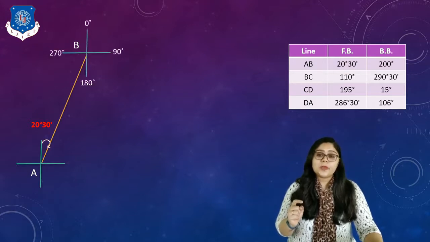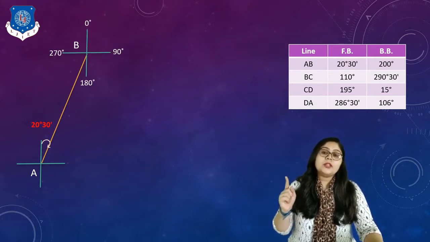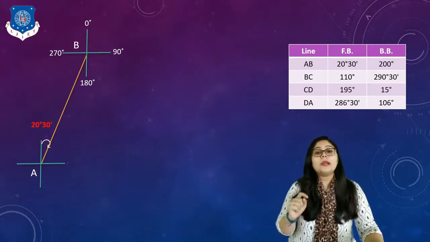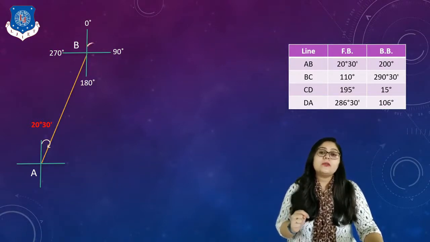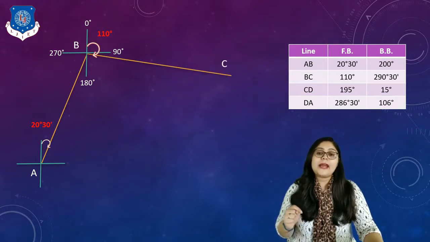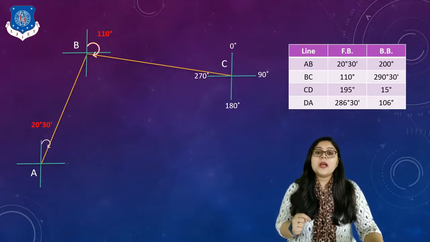Now, from B, again I have marked this kind of calculations 0, 90 degree, 180, 270. Now you can see in this table from line BC, I have to go in forward direction at 110 degree. It means my line will pass through the second quadrant. Now I get my third point C, having the same values 0, 90 degree, 180, 270 and 360, right?